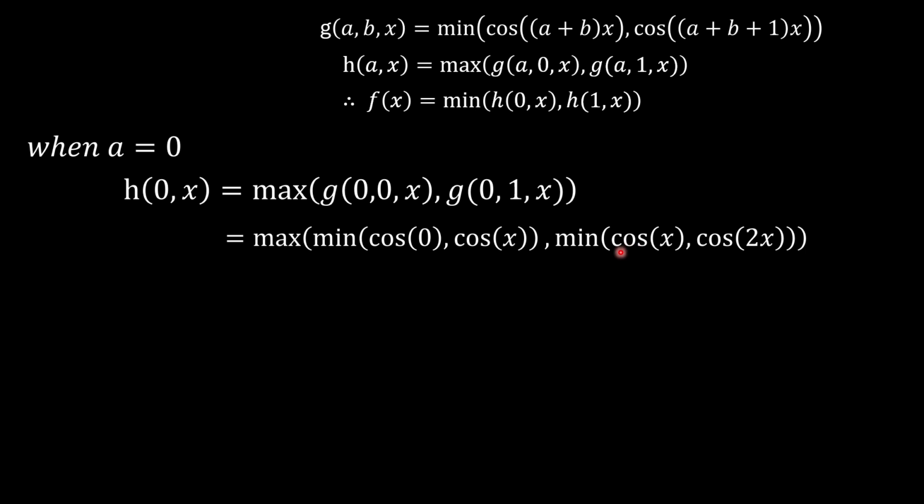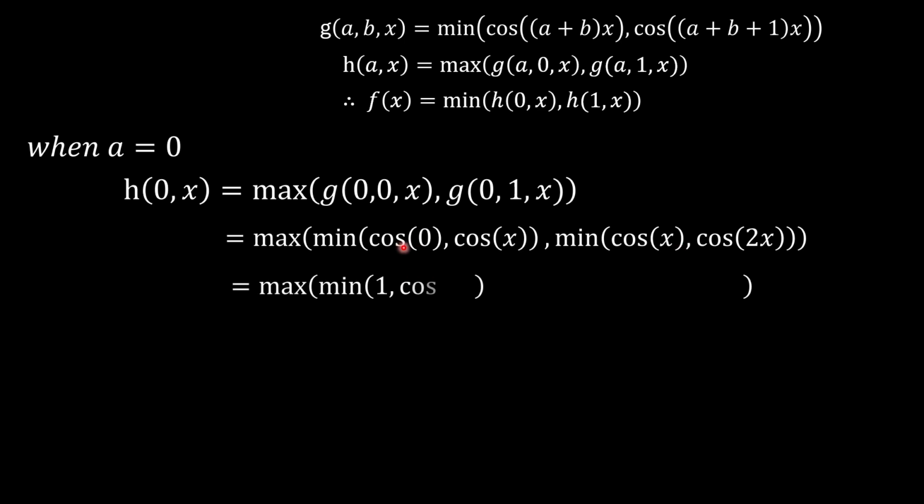And then since we're looking at the maximum function, g(0, 1, x) is the same as the minimum of when we have (0, 1, x), so we have 0 plus 1 here, cosine x, and then when we have (1, 1, x), we have cosine 2x.